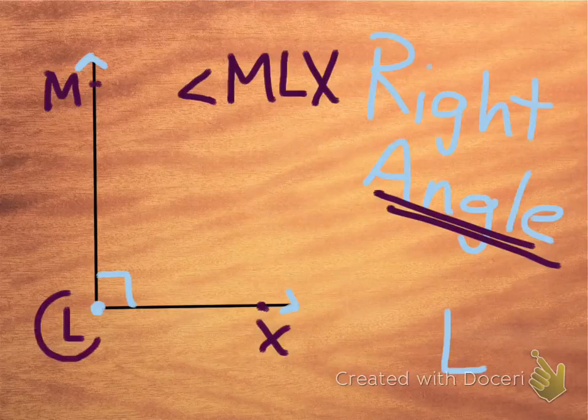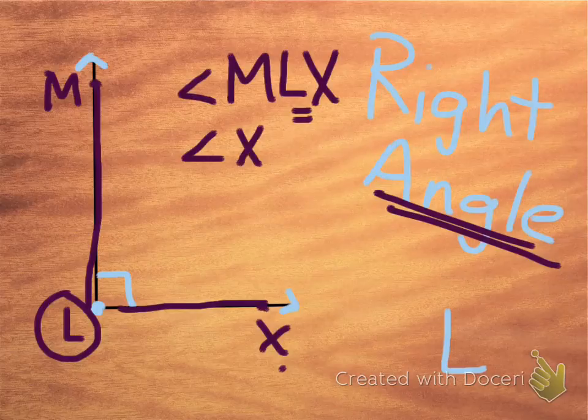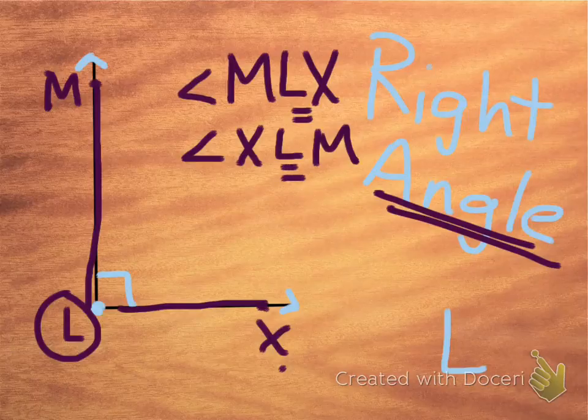Notice how the vertex is in the middle between the M and the X. It should be in the middle when we write it too. Now that's only one way. I can write it the other way, in direction, starting with the X. I can make it X, L, M. 2 ways, but the vertex letter is always that middle letter.